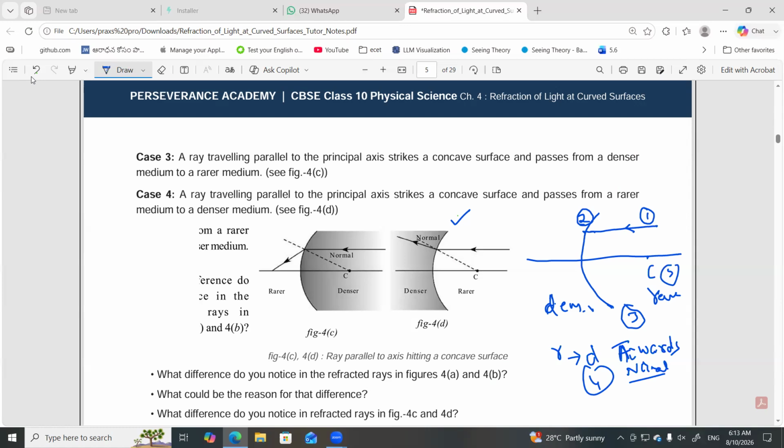Just draw an imaginary line. We mention an imaginary line with dashed lines. Now this line we have drawn is the normal line. Okay? Now you just mention, when a light ray is entering from rarer to denser, how should it go?